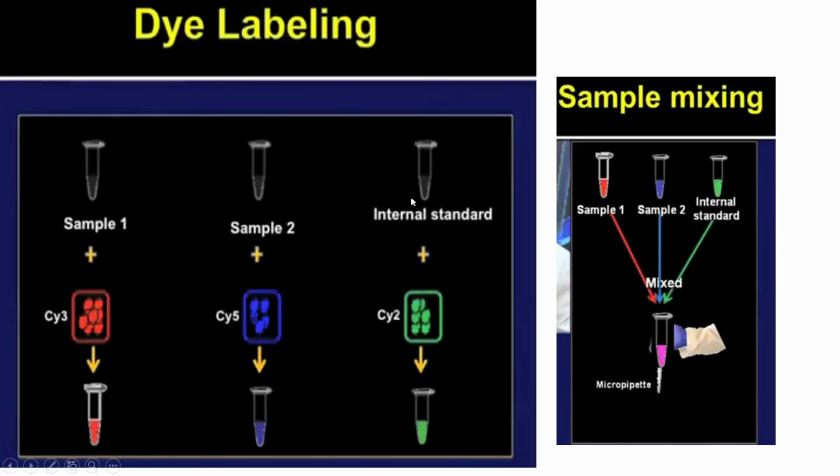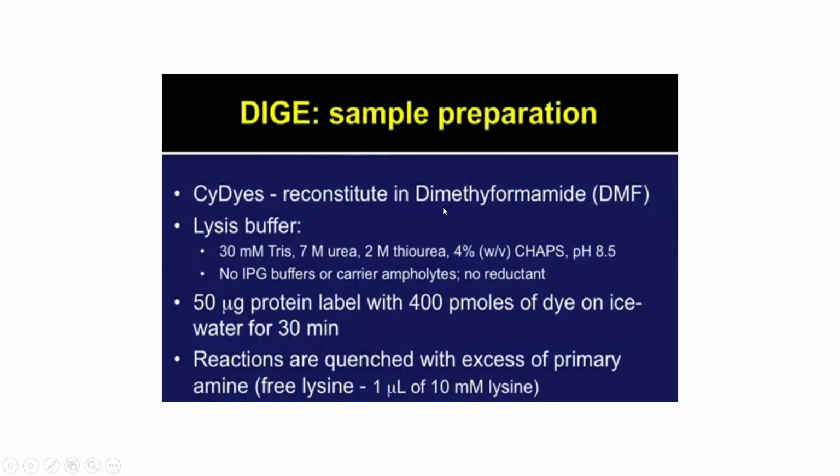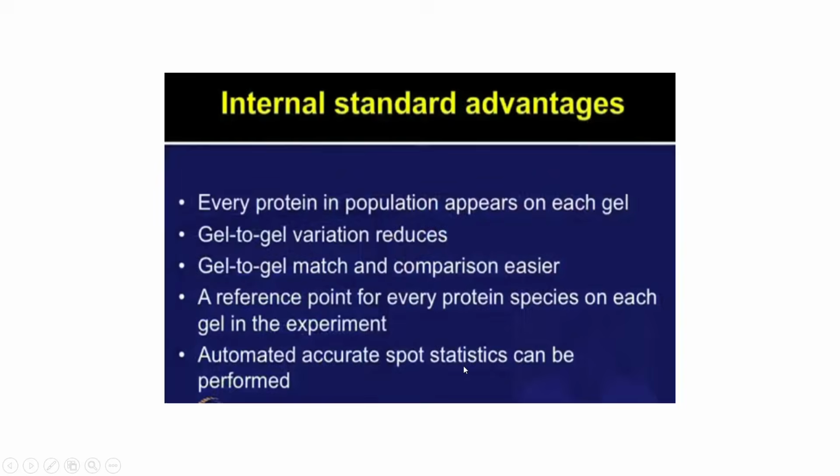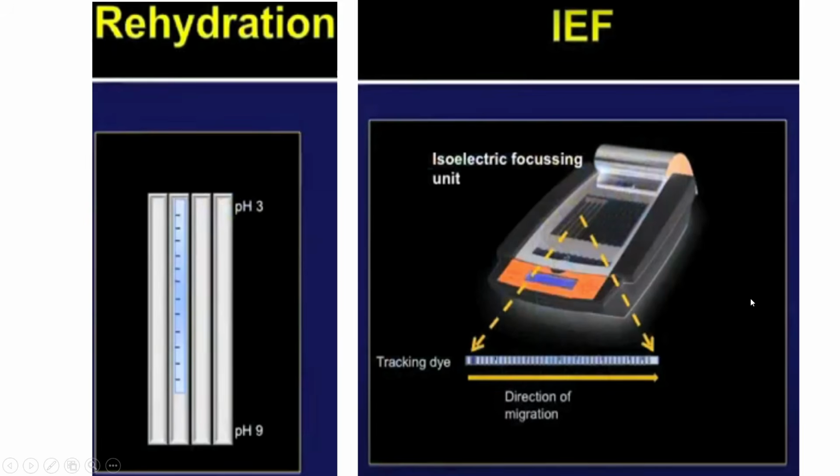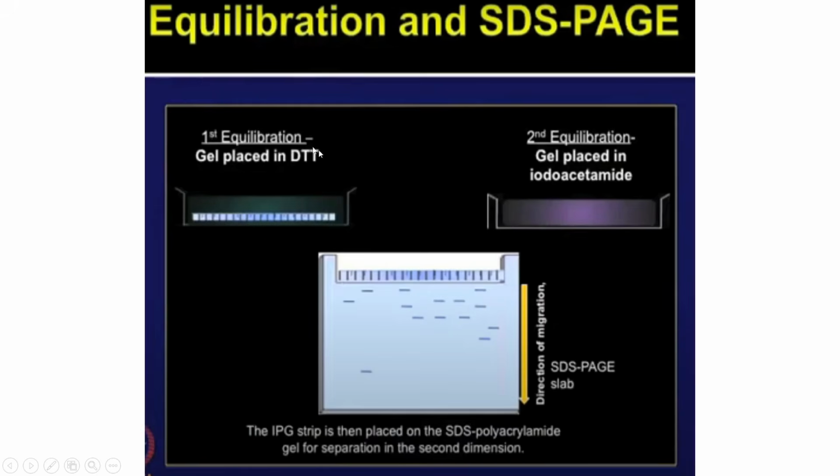Once you are mixing them with the dye, we have just gone through that protocol as well. This is how the protocol is for labeling. Once your labeling is done, you will mix them together, load it onto the gel, and perform isoelectric focusing, which we have already discussed. After isoelectric focusing, you will reduce it, alkylate it, and then perform SDS-PAGE, and you will get separated proteins.